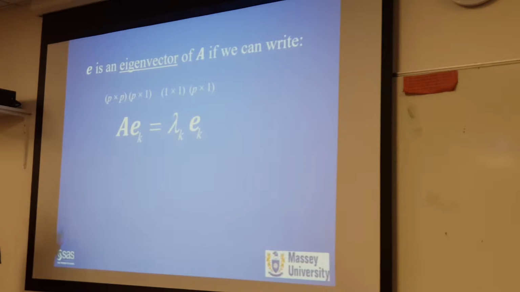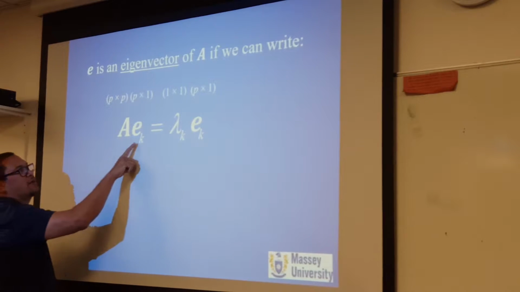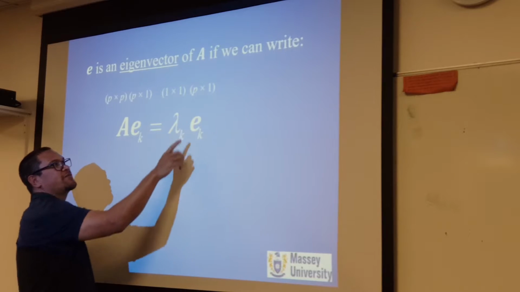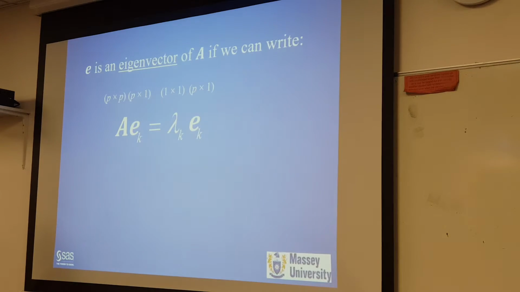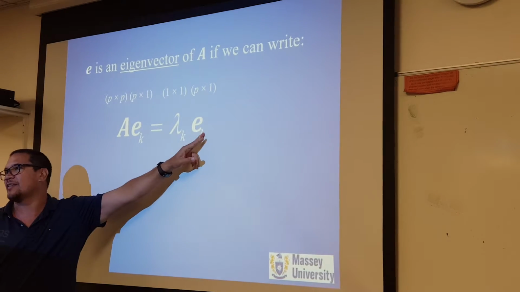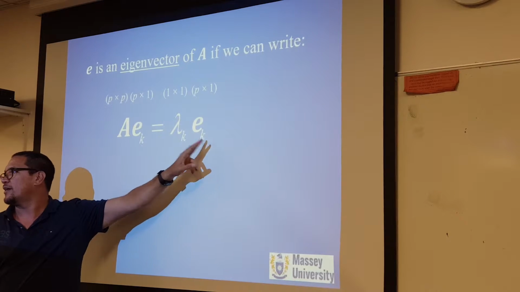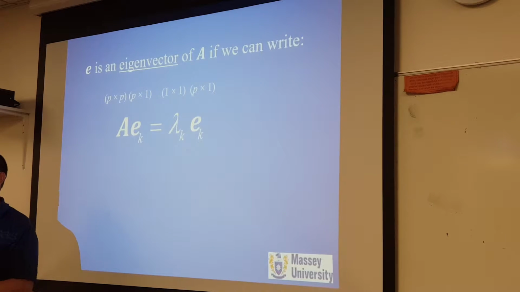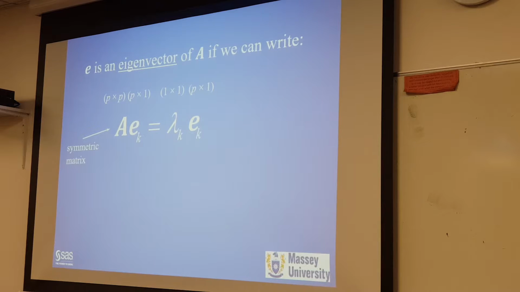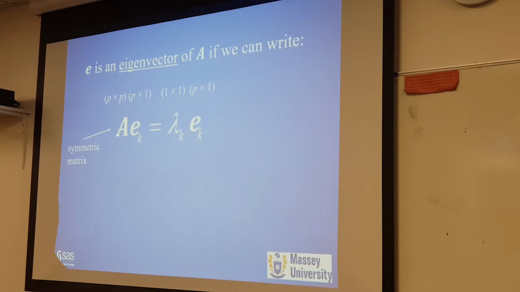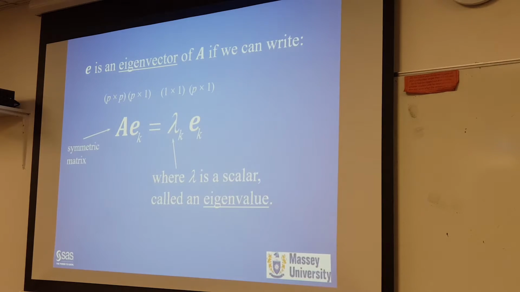It's an eigenvector of matrix A if the resultant vector that comes out of it is in the same direction. So it's still the vector e_k, and lambda is just the size scaling of the vector. A has got to be some sort of symmetric matrix, typically, and lambda is a scalar, and we know that's the eigenvalue.